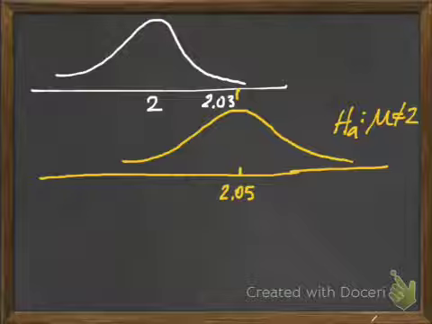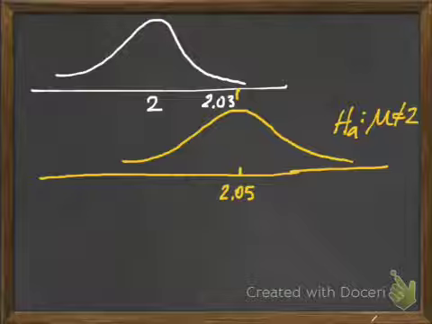How good is our test at rejecting things that we're supposed to reject? A type 2 error would be accepting something that's bad. So what's the probability of accepting something that we shouldn't accept?